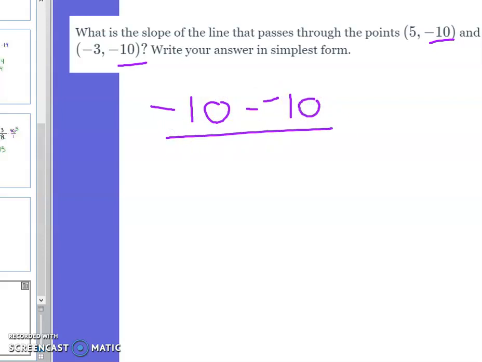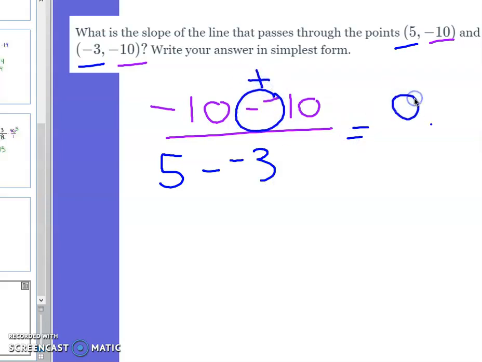Okay. Here are your x's. Let's see. They're both the same, so it doesn't matter which way I subtract. I'll just go the 5 minus negative 3. Okay. And so negative 10 minus a negative means plus, so I get 0. And then 8. Well, 0 divided by anything is still 0, so I got a slope of 0.